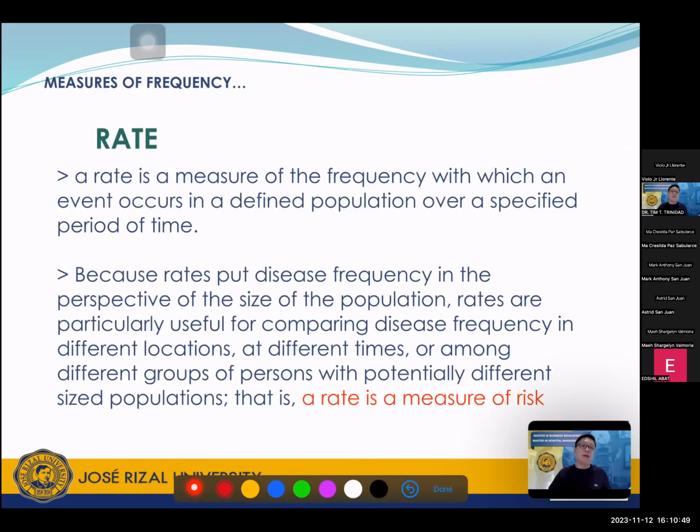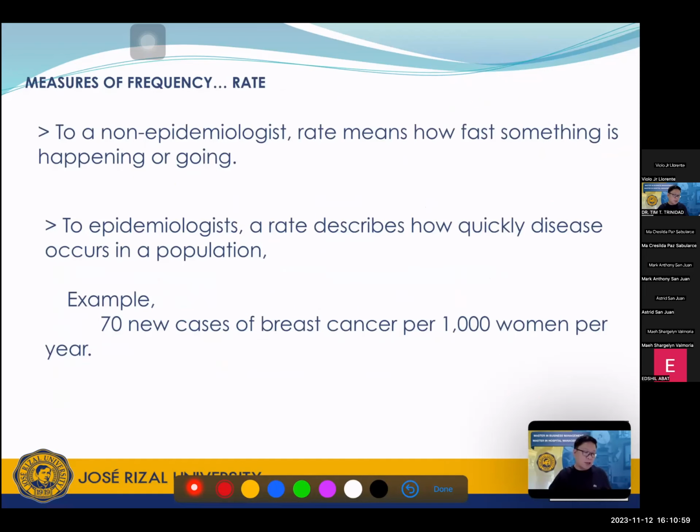What is rate? Rate is a measure of the frequency with which an event occurs in a defined population over a specified period of time. So a rate is a measure of risk, say. So again, rate can be used in two situations. For the non-epidemiologist, rate means how fast something is.